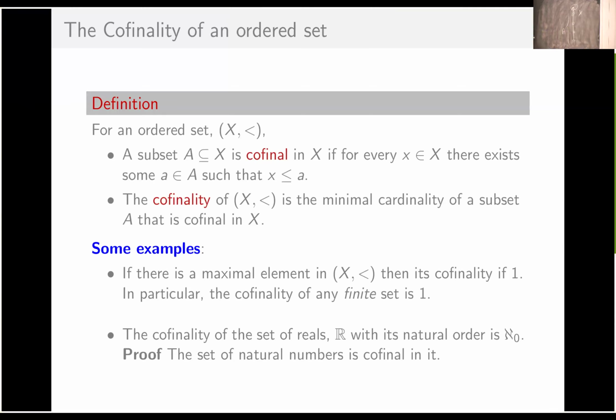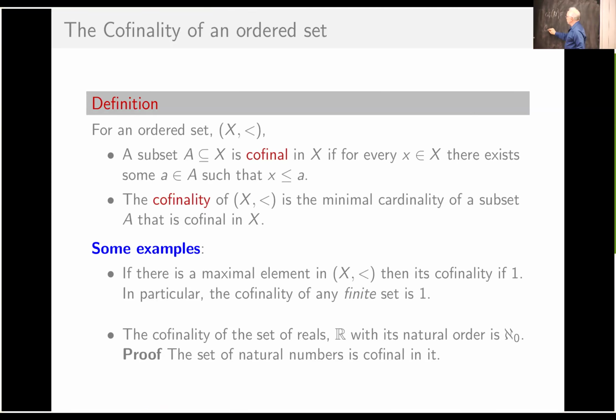So it's very different from the cardinality of the set, and it has to do with the ordering. So what about the natural numbers? The cofinality of the natural numbers is, of course, not 1. It is going to be Aleph 0, because in order to reach the top of the natural numbers, you need an infinite, countable set.